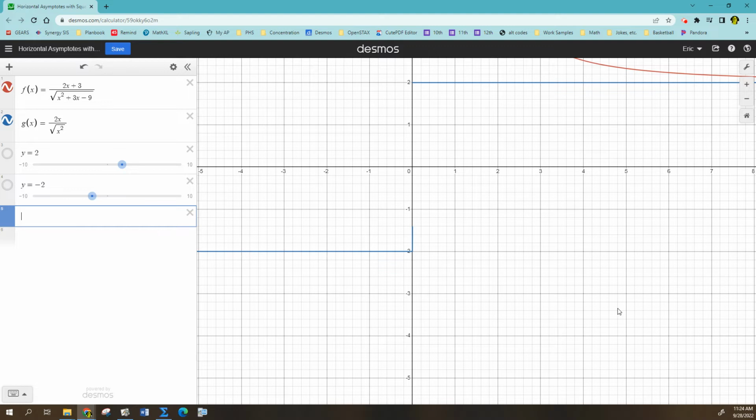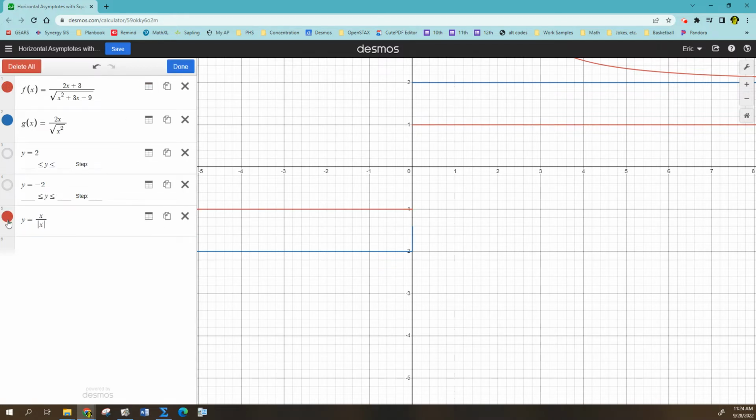Let's just see what happens if I graph y equals x divided by absolute value of x. Okay, it does better with that. For some reason, it's the square root of x squared part that messes it up. Let's make this a different color, orange.